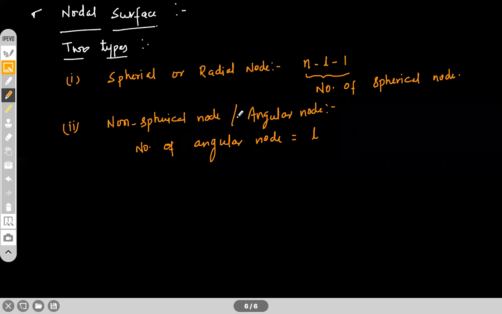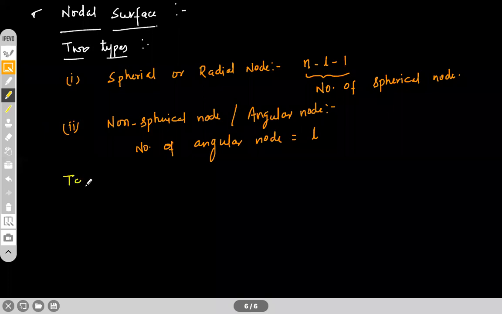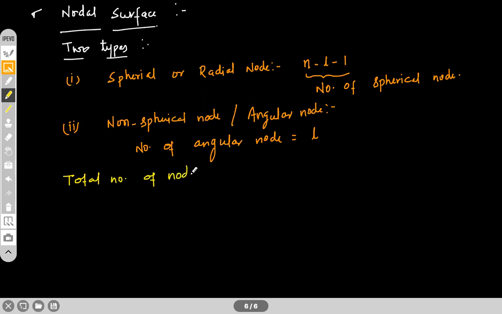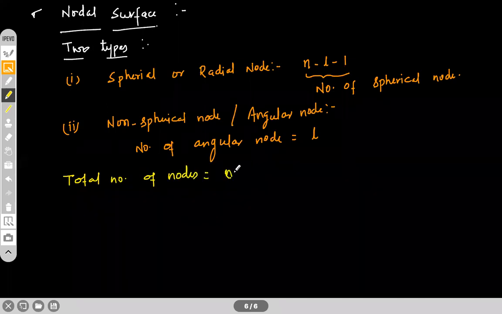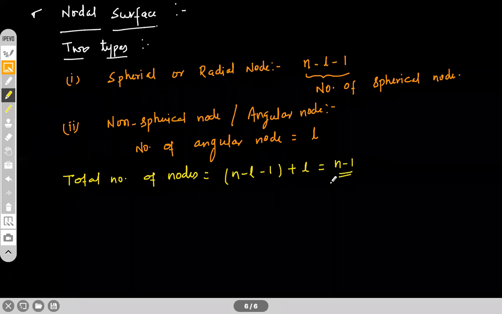So from these two formulas, you can easily find out the number of nodes present in any shell. If I ask you what the total number of nodes is, that would be, we'll add both here, n minus L minus 1 plus L. So total nodes is n minus 1.